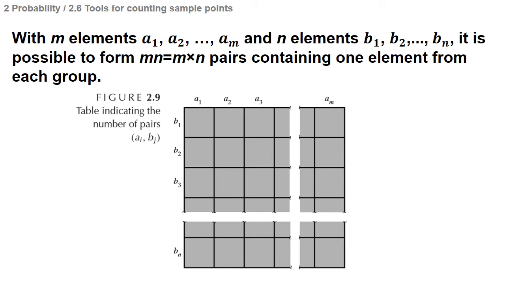The solution is simply making a graph, with b1 to bn on one axis and a1 to am on the x-axis, and each cell contains the pair ai and bj. Here a1 b1, a2 b2, a3 b1, and so on. For all the pairs of an m element and an n element, it's m times n.